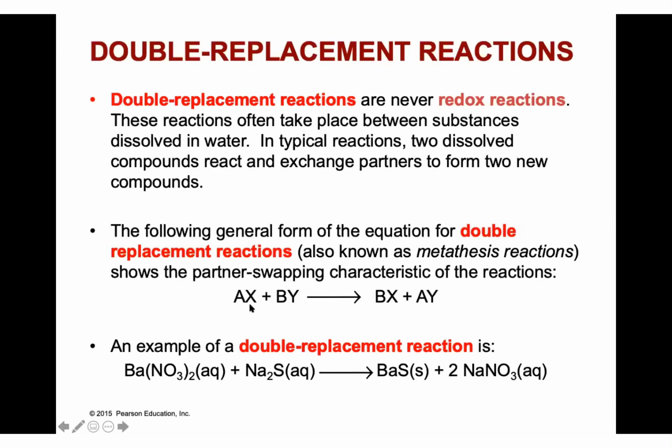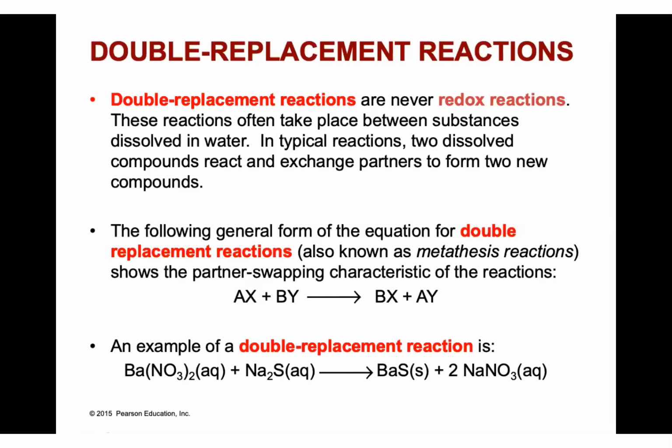How do they happen? In double displacement, we have two compounds, each with their own cation and anion, and the cations switch. So A is going to switch with B, or X switch with Y. Cation switch or anion switch, it doesn't matter, but only one of them should switch.